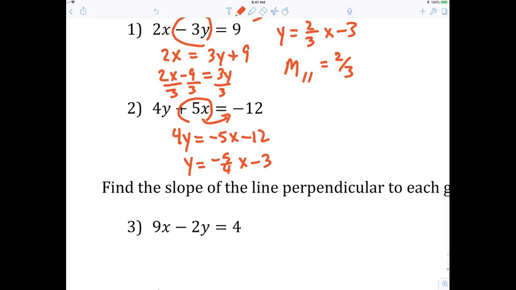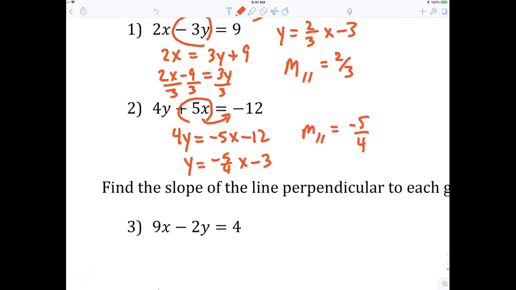So now, what is the slope of the parallel line? Negative 5/4. Good job. You guys okay up front? Good so far? Boys up front? Good. Alex? Girls, everything good?